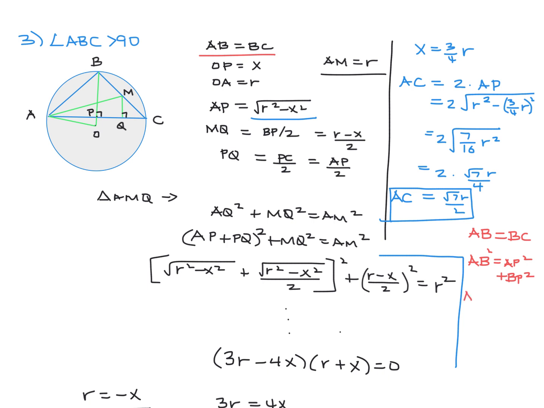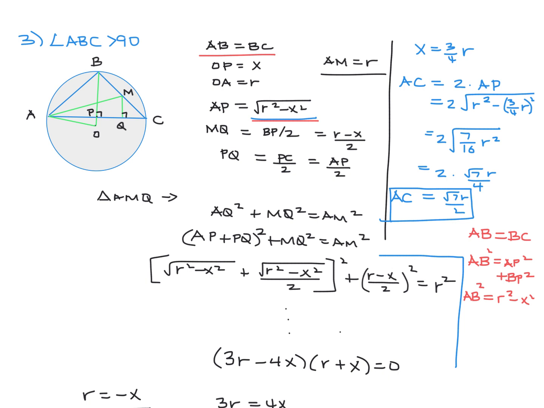So AB would be, what's AP? Where are we going here? Oh, here it is. AP is this. So R squared minus X squared. All right, let's do this carefully here. I don't want to mess this up. So we have AP squared.